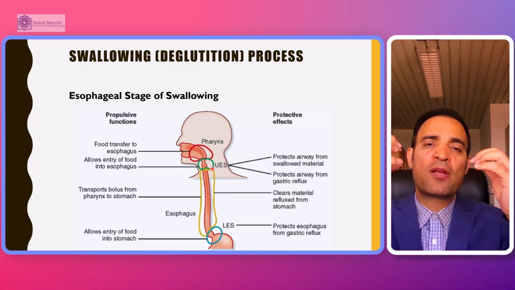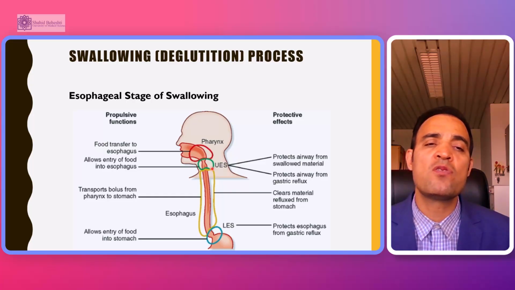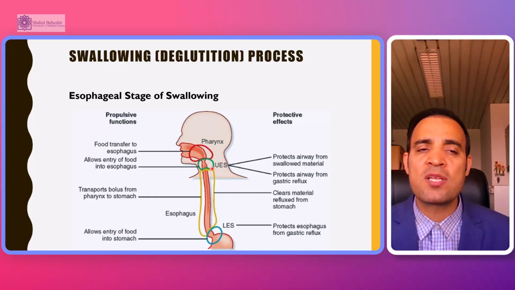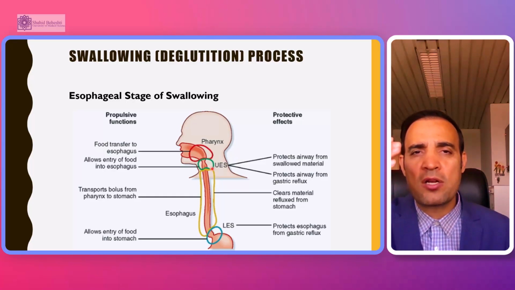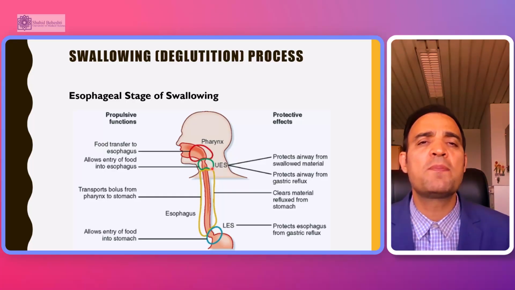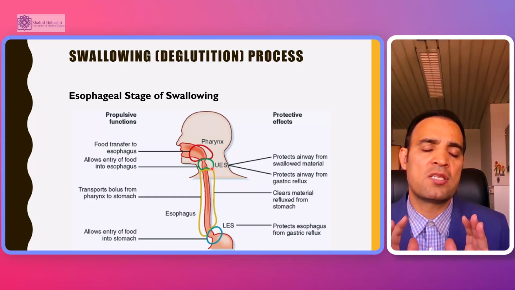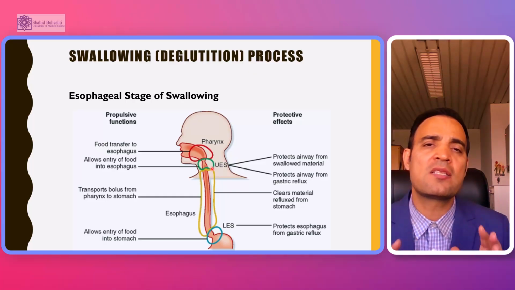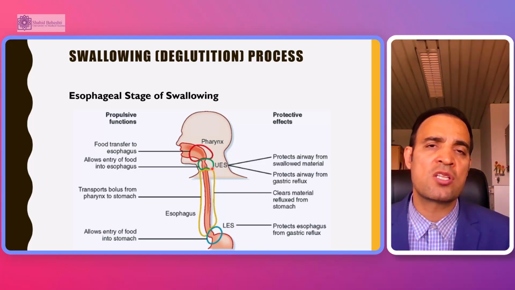Therefore, food is able to enter the esophagus. When the food is transferred to the esophagus, then the other part of the esophagus will do the peristaltic wave that I told you before. And this peristaltic wave moves the food downward until it reaches the stomach.